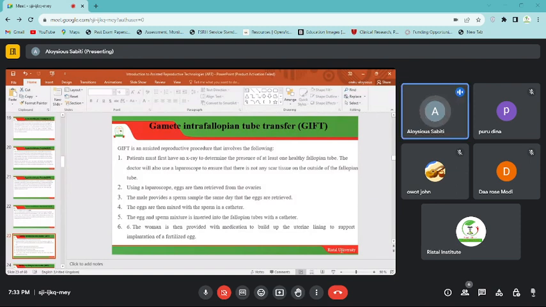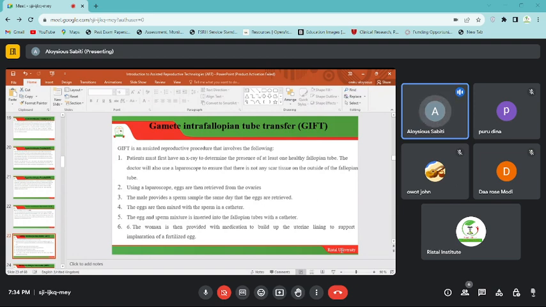So, if you're looking at the procedures for gamete intrafallopian tube transfer, one, the patient must have an X-ray to determine the presence of at least one healthy fallopian tube. And we said that even for ZIFT, there must be one fallopian tube that is healthy.